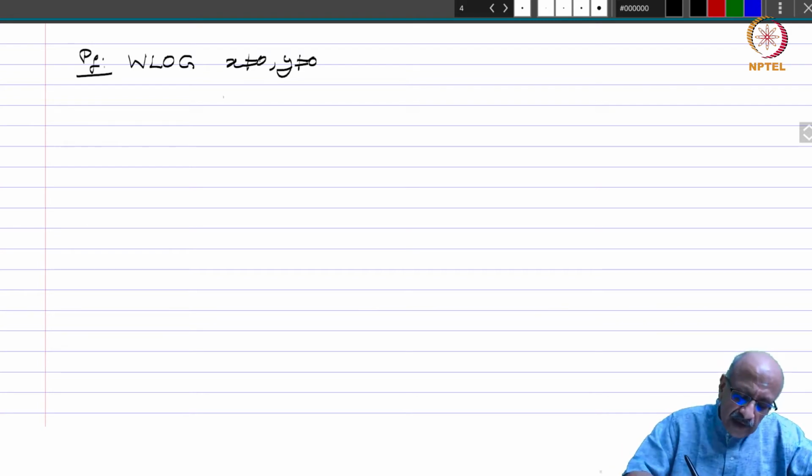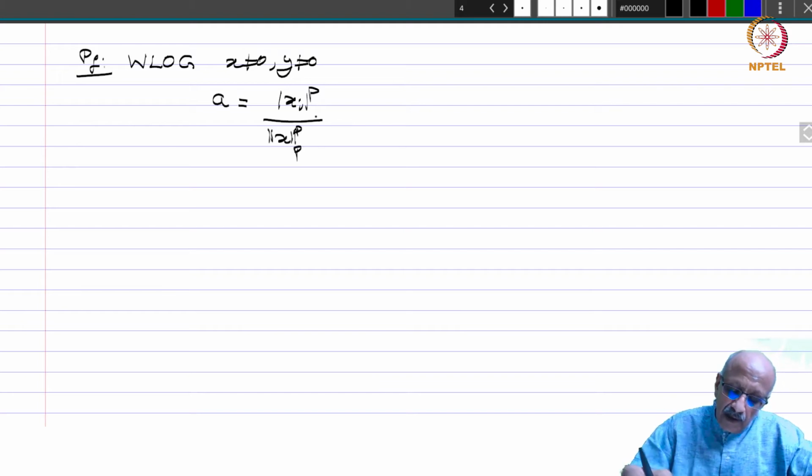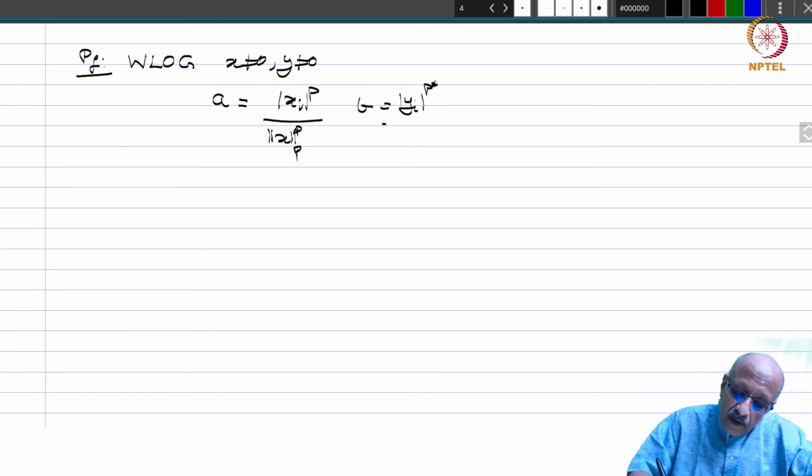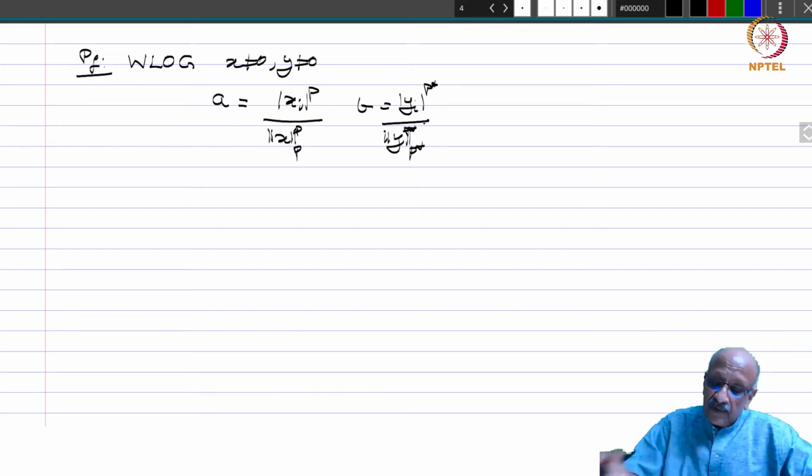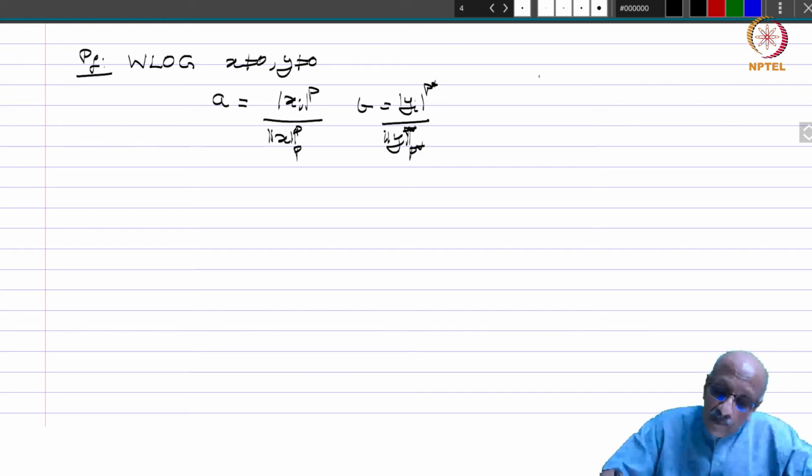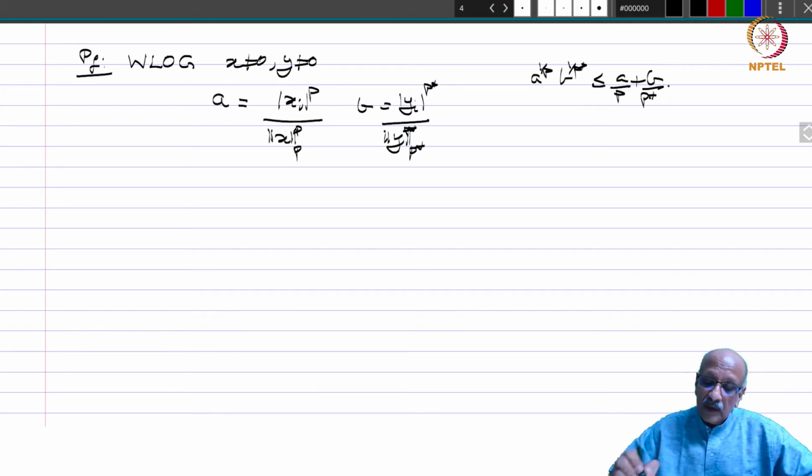So we now set a equal to |x_i|^p / ‖x‖_p^p, and b equal to |y_i|^{p*} / ‖y‖_{p*}^{p*}. And we apply the previous inequality, a^(1/p) b^(1/p*) is less than or equal to a/p + b/p*. This is the inequality which we had.